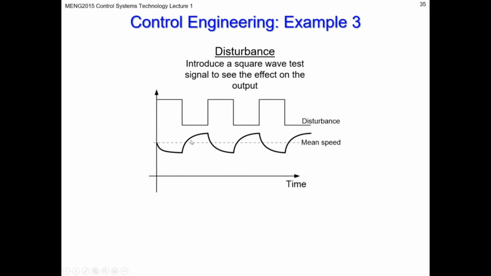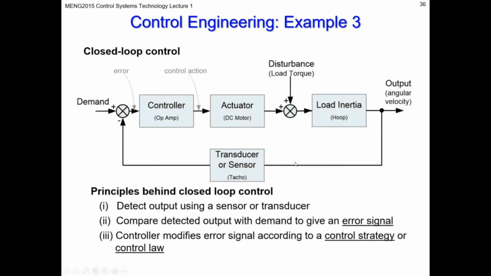So you just get a series of single order responses which accelerate the disk when you take the load off, or the disturbance is removed. When it's applied, it starts to decelerate the disk again till it's removed, and so you get this sawtooth pattern, right? So that's what we're looking at here with the disturbance.